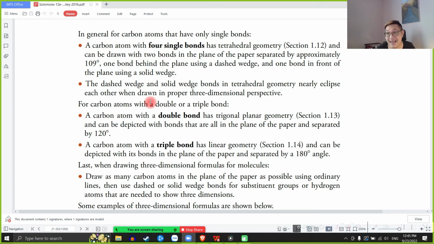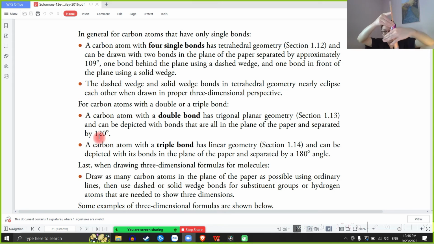So that's why we have the word planar. Plane, you know, the plane, mặt phẳng, plane. Trigonal means it forms a triangle. Trigonal planar geometry, and the angle between them is of course 120 degrees. For triple bonds, of course you have only one possibility. Triple bond, you can have only this. So linear, right?